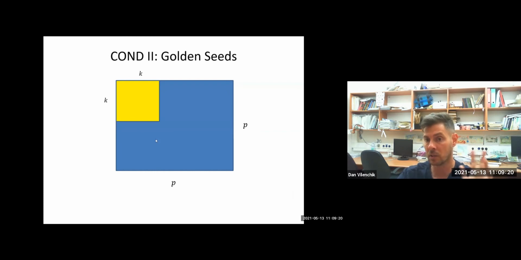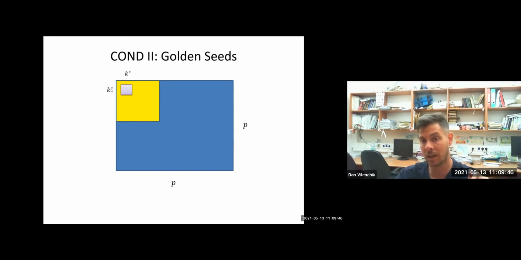The other condition is what I call golden seeds, and that's the fact that there exists a seed of size K star, which is a subset of the right solution, that you can extend to the right solution. You run over all possible seeds of size K star, so you get seeds here and here and here, and at some point you will hit a seed inside the right set of features.